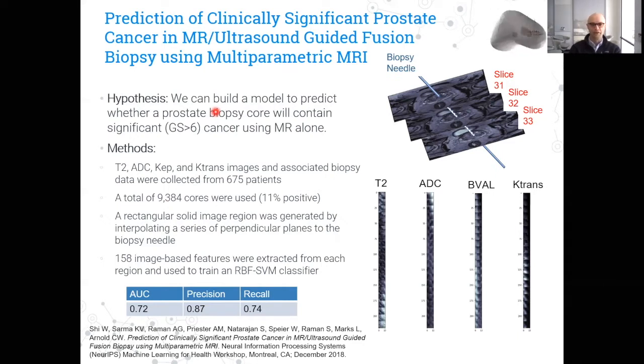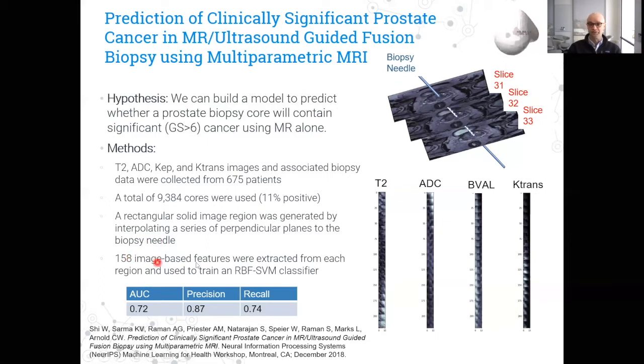We had a total of around 9,000 cores, and we built a rectangular solid image region that we generated by interpolating a series of perpendicular planes to the biopsy needle. This is shown on the lower right here, in which we can see an imaging core on T2, ADC, VVAL, and K-trans.